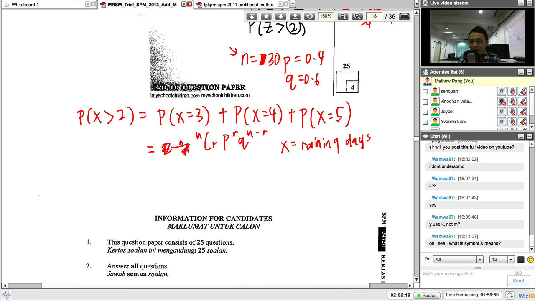So we will do 30C3, the probability of raining maybe is 0.4, so 0.4 to the power of 3 and then 0.6 to the power of 30 minus 3. So x over here actually means the number of events.